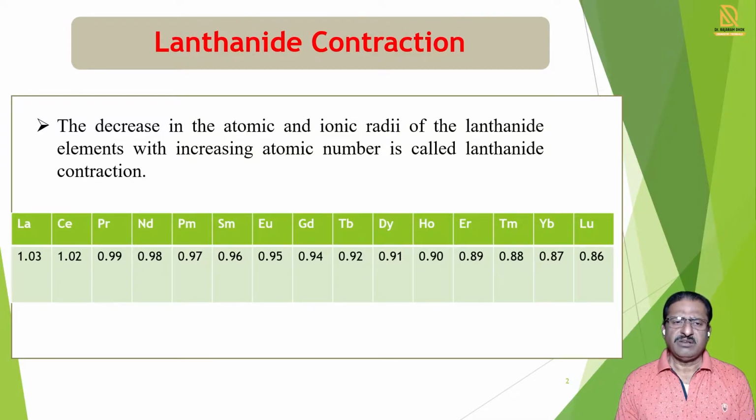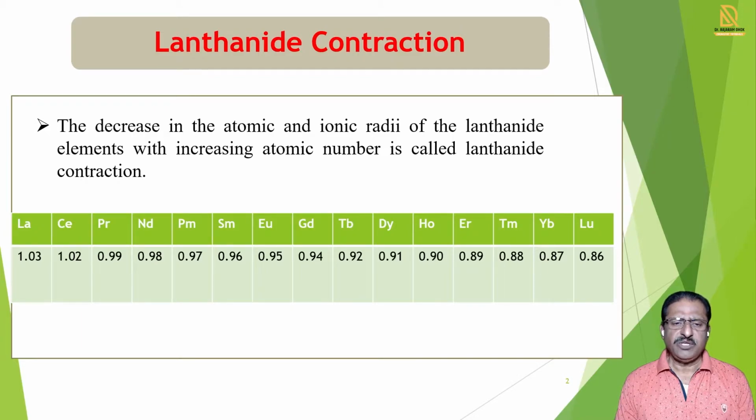Because of that, some effects are observed on the properties of the lanthanide elements. In the atomic and ionic radii, there is a decrease from left to right, that is from lanthanum to lutetium.